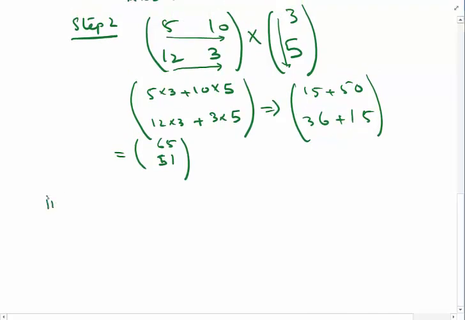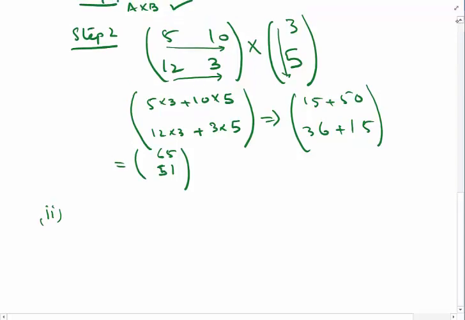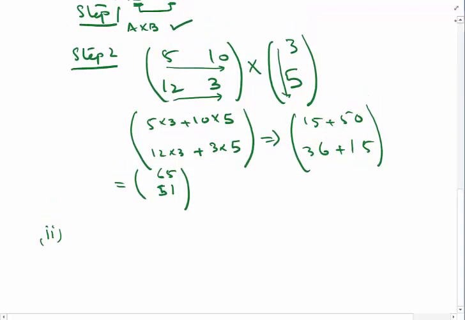Now the question is, what is the significance? If I ask you in the second part, after multiplying, explain the significance of your answer in part 1. We have already decoded these two matrices. In the first matrix, rows are latte and iced coffee, columns are small and tall. In the second matrix, rows are small and tall, and the column is of cost.